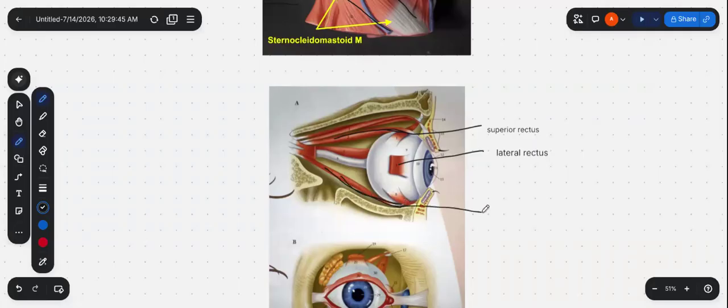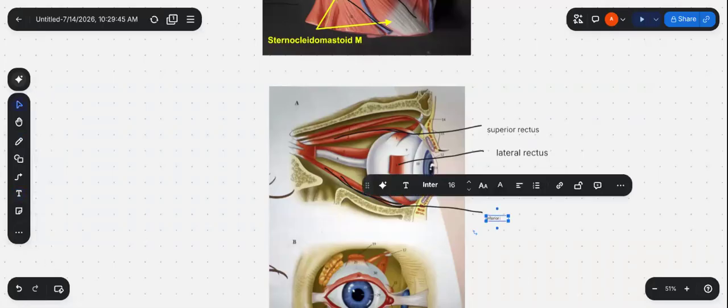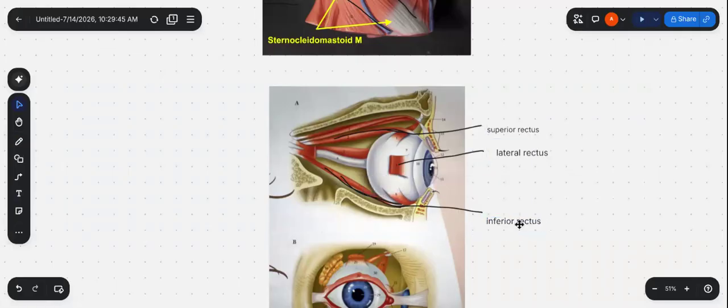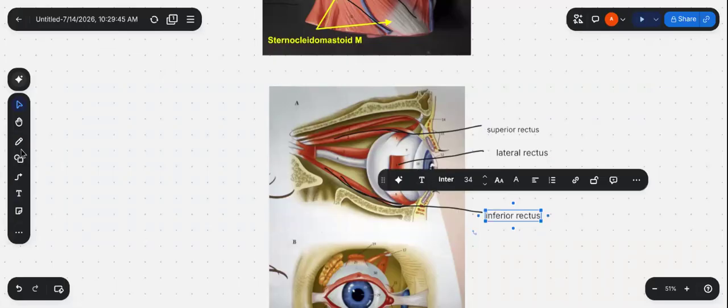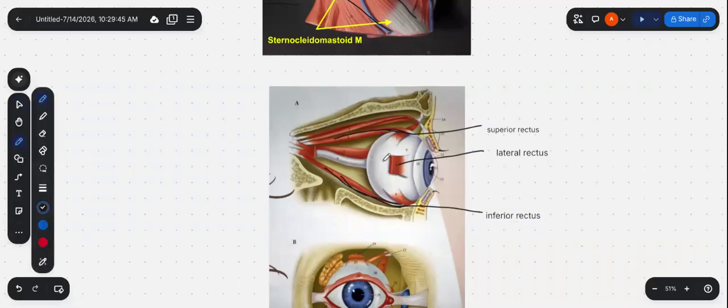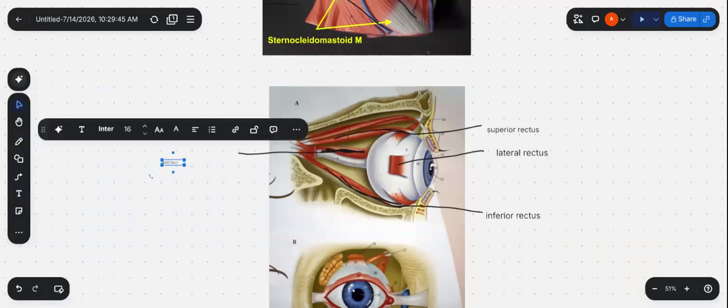So you're going to have four rectus muscles: a lateral, a superior, an inferior, and a medial rectus as well. Because this is only showing one side of the eye, you can't see the point of origin, but you can see the muscle popping out the back over here. That would be your medial rectus over there.